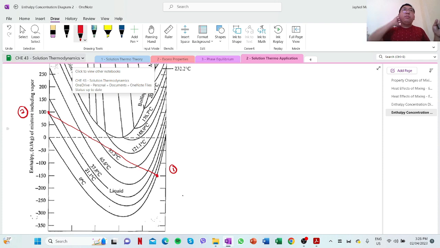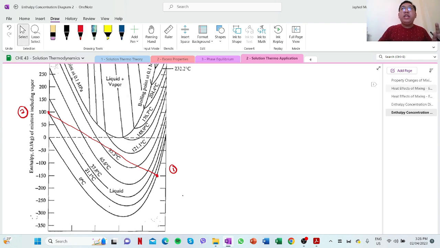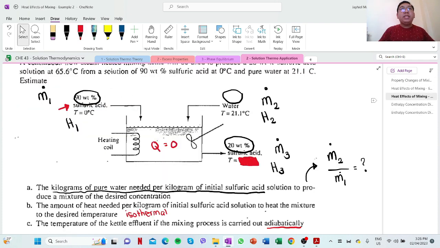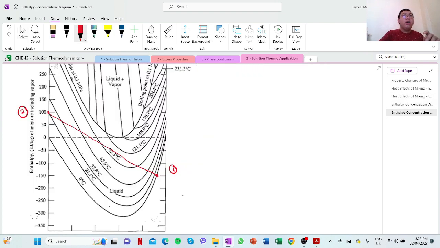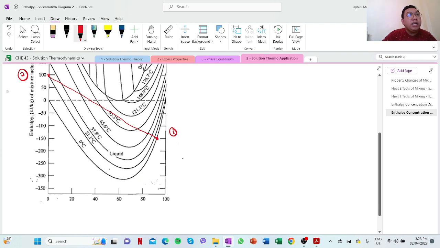Now, point 3, or your output stream, has a fixed composition of 20 weight percent. So that is what you're going to set in your enthalpy concentration diagram. The 20 weight percent is here. So you're going to extend that line, make a line here, and then touch that one here.